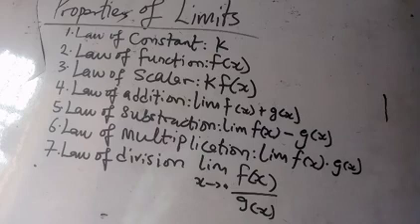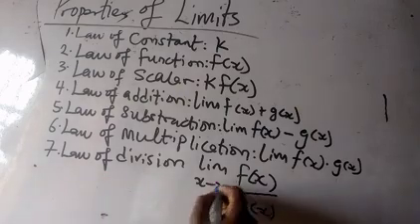Number 5 is the law of subtraction, the limit of f of x minus g of x, that is the law of difference. 6, the law of multiplication, where we have the limit of f of x multiplied by g of x. Then we have the law of division, or the quotient law, where you have the limit of f of x divided by g of x as x tends to a.